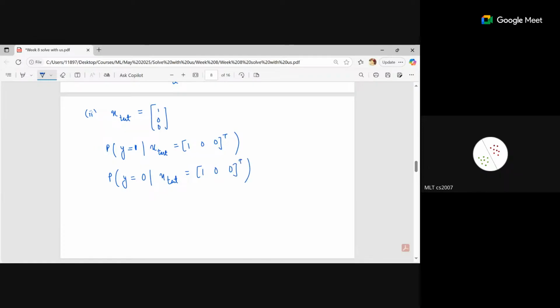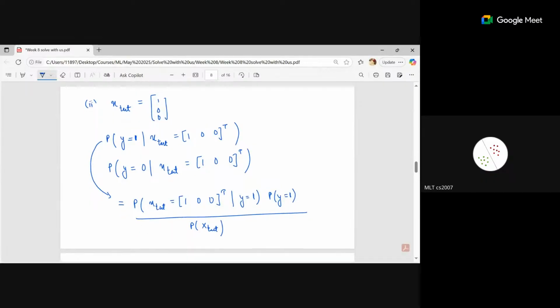Okay, so let's look at the first part. How will you find this? This is going to be the probability that my x test is equal to 100 transpose given y equal to 1, times the probability that y is equal to 1, divided by the probability of x test.